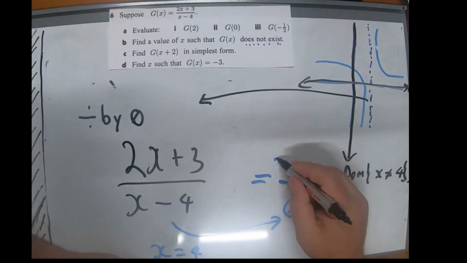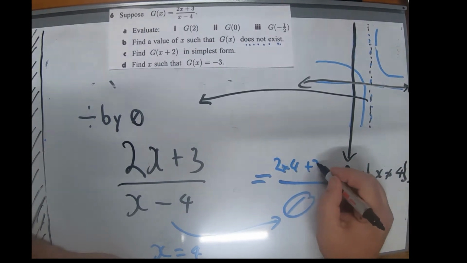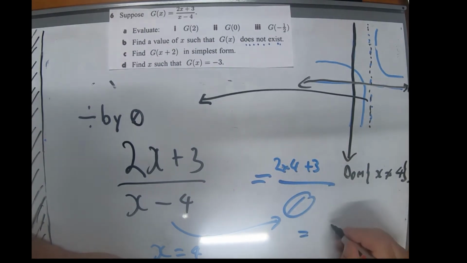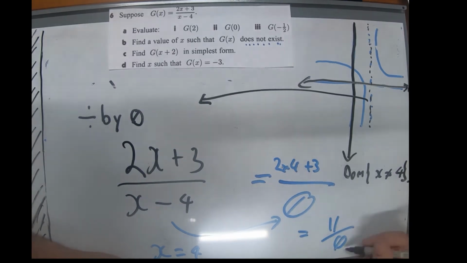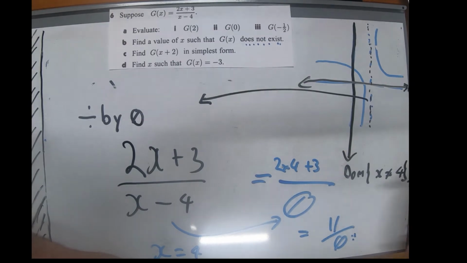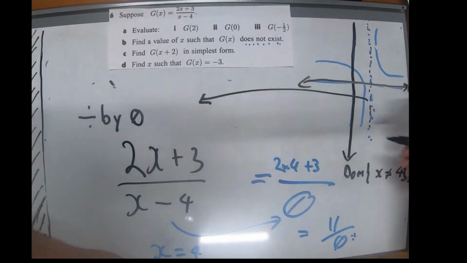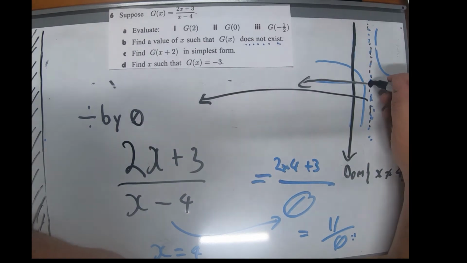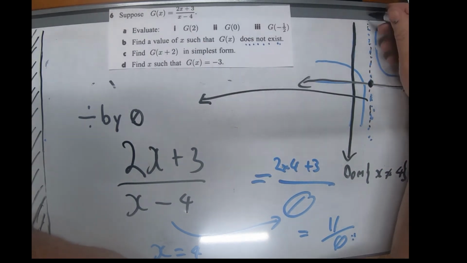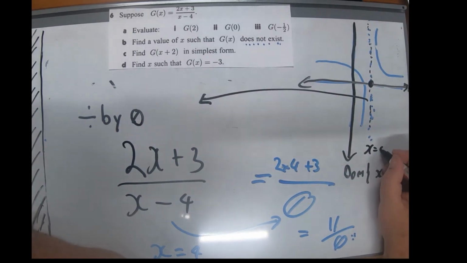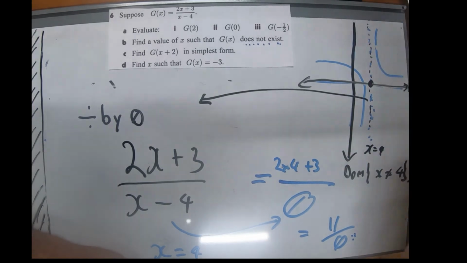Now what would be on the top? 2 times 4 plus 3. Doesn't really matter what's on the top. 11 divided by 0 is undefined. Error on the calculator. This is what it would look like on a graph. So here we have, everywhere on this vertical line, x equals 4, y can be any number.